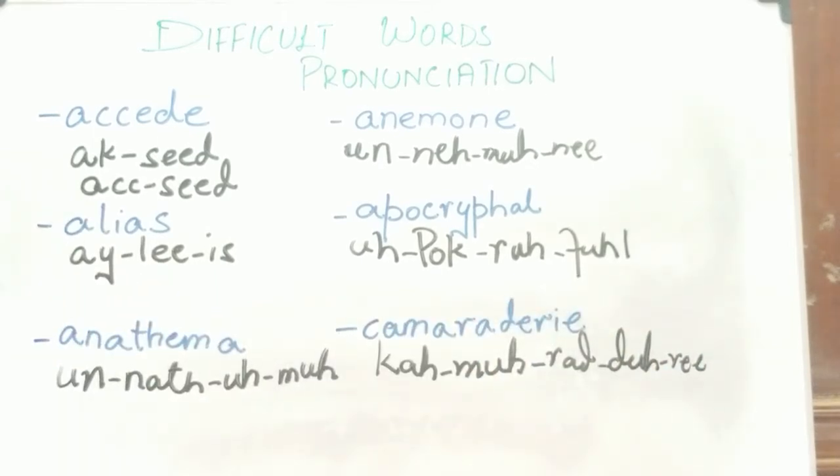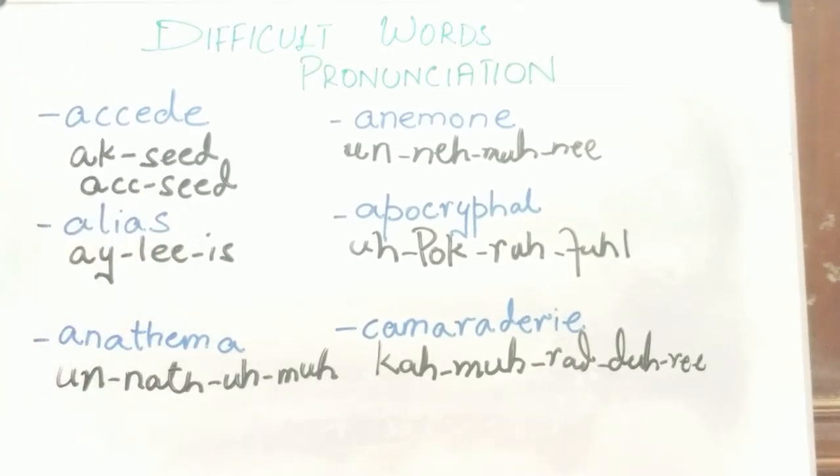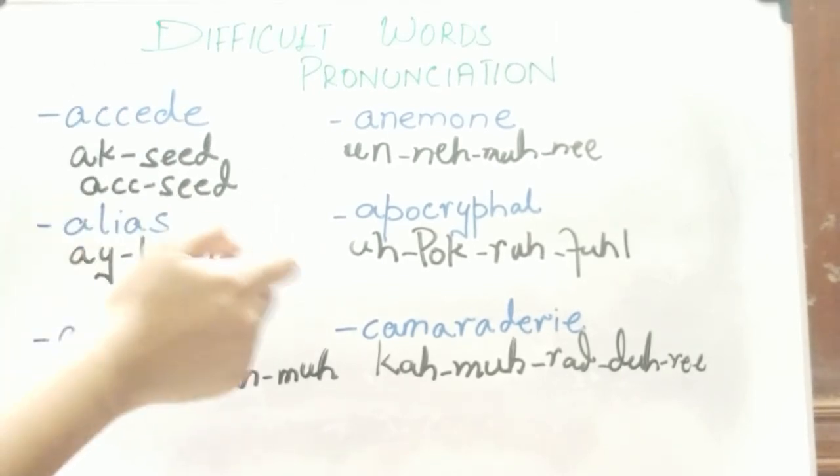Okay, let's repeat all of these words that are written on the board. The first one was pronounced as accede. The second one was pronounced as alias. The third one was pronounced as anathema. The fourth one was pronounced as anemone.